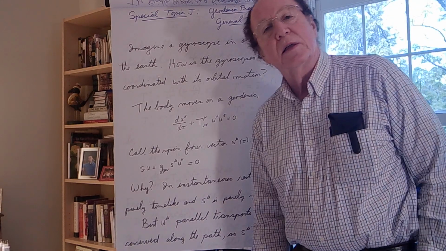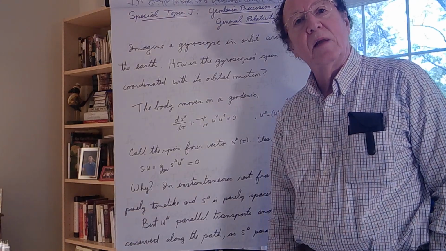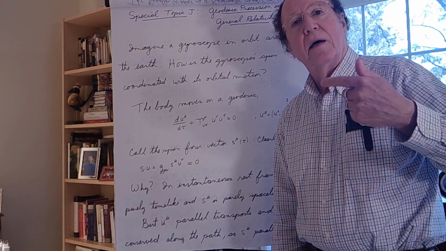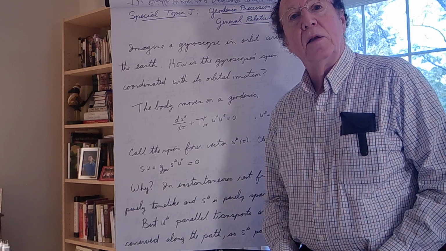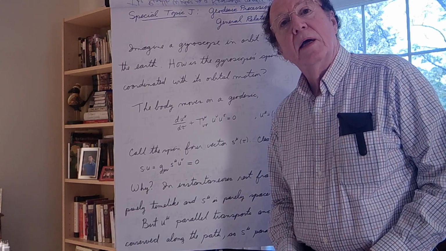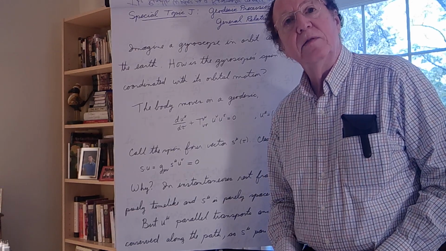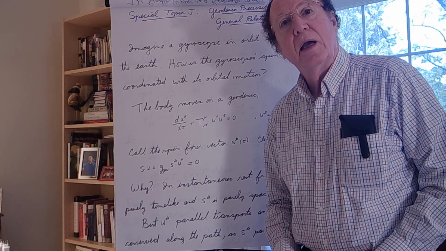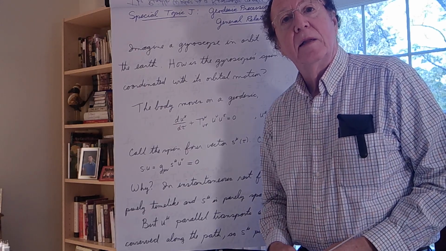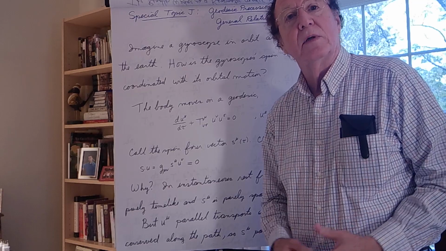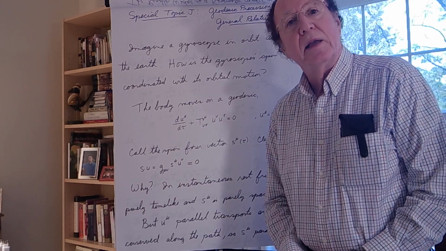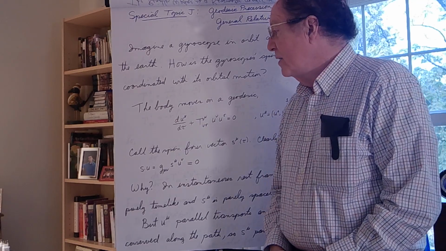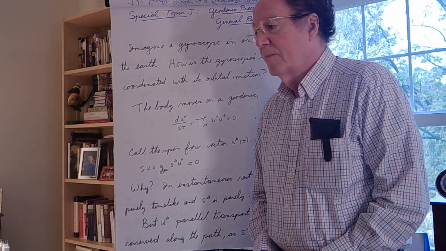Well, if we were doing this as a problem with Newton, it wouldn't really be that interesting because in Newton's world, space-time is not curved. Okay, time is universal, and we'll see there won't be any effect. The gyroscope spin will just maintain its particular initial orientation as the body orbits.